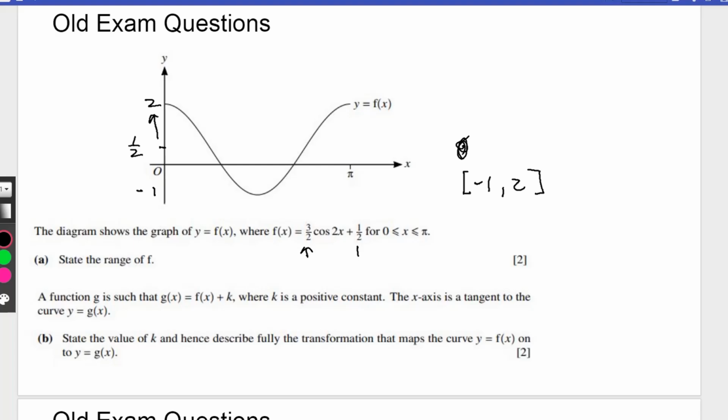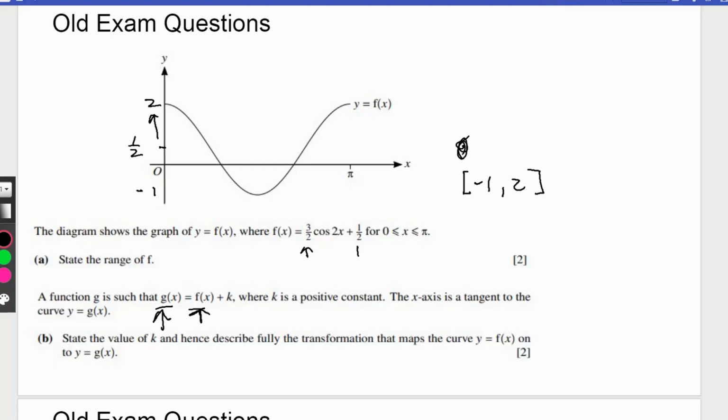So now what it says is that a function g is such that g of x is equal to f of x plus k. So what they're saying is I've got a new function, but it's going to be the same as this old function plus a number. Now, it says my new function is tangent to the x-axis.